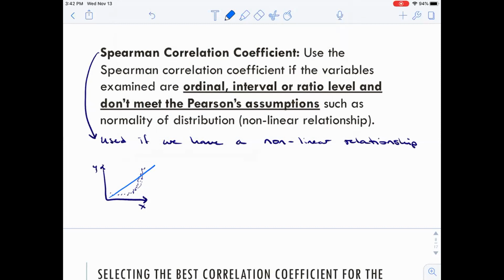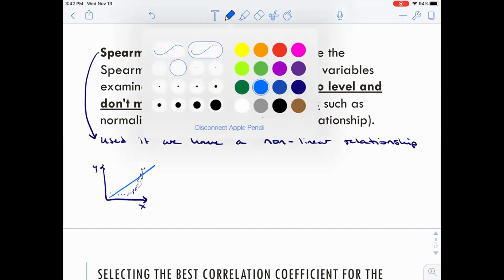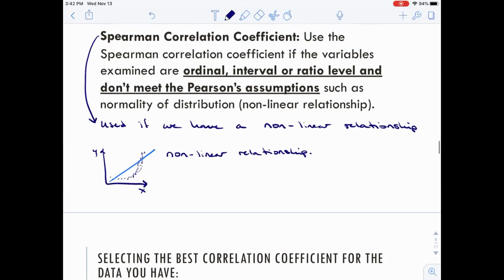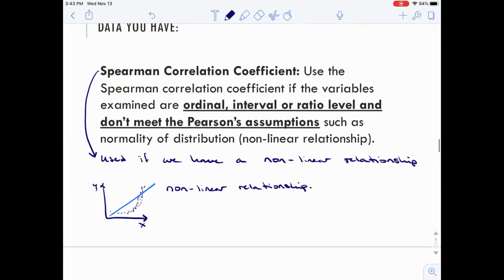And so here we say that this is a non-linear relationship. If that's what you're dealing with, that's when you're going to use the Spearman correlation coefficient.